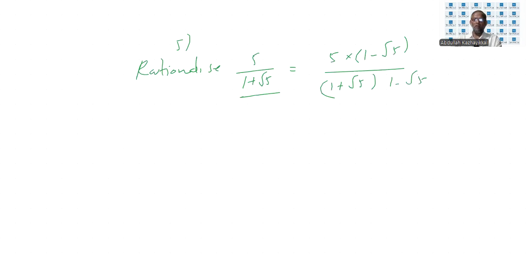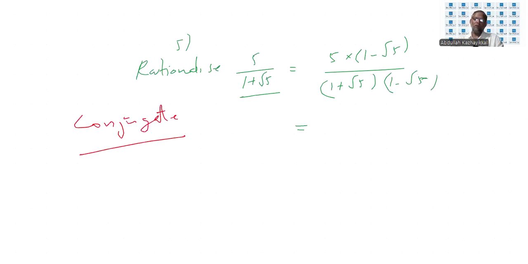If it is plus, put minus, because we need to rationalize the denominator. One word is conjugate. Multiply with the conjugate of the denominator. You heard the word or not?